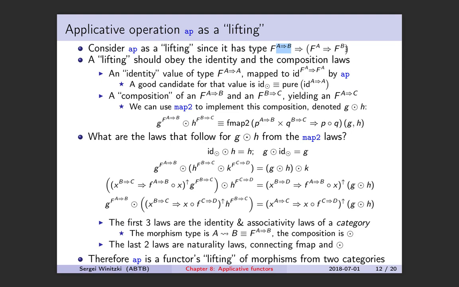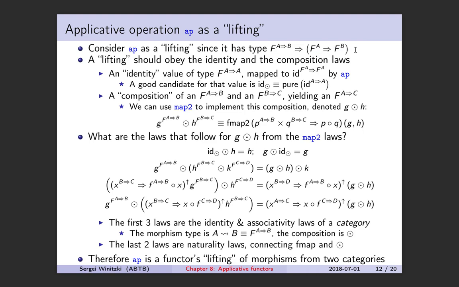So just two laws, which means that if we lift identity, we get identity, and if we lift composition of two functions, we get a composition of two functions. So that's very reasonable. Can we find the same laws for this lifting? Can we find identity and composition laws for it?